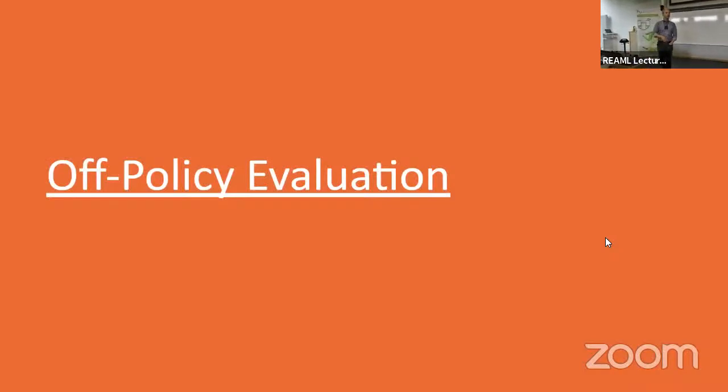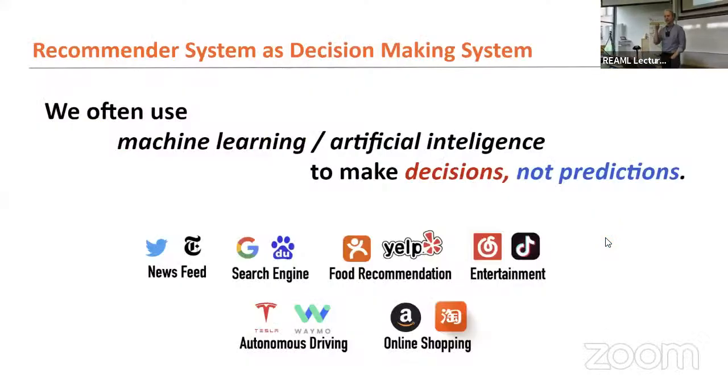Okay, so, off-policy evaluation. What is that actually? The way we use machine learning in many applications is not in terms of making predictions. Truly, in some cases we want to predict what the weather is like tomorrow. But very often we use machine learning to make decisions, to take actions.